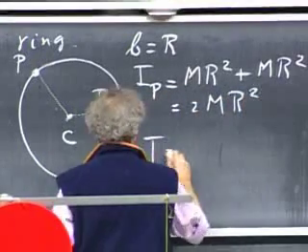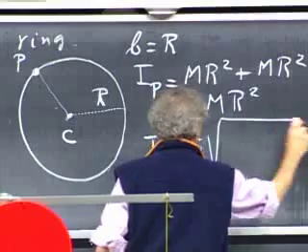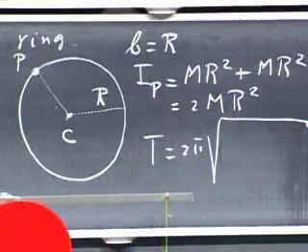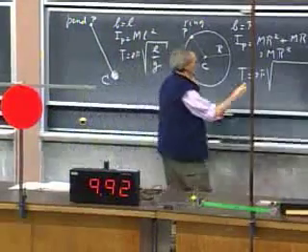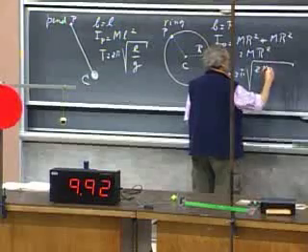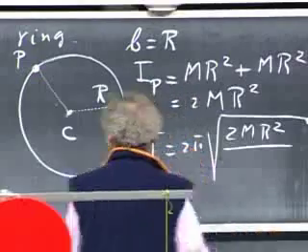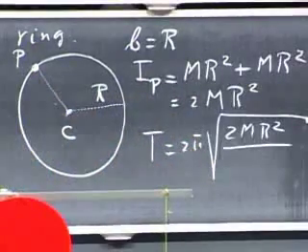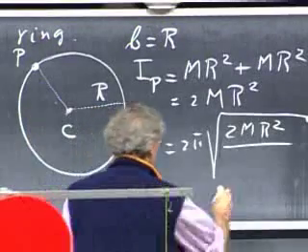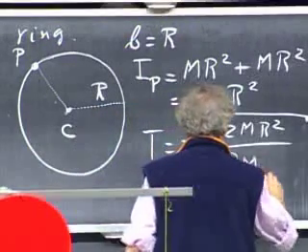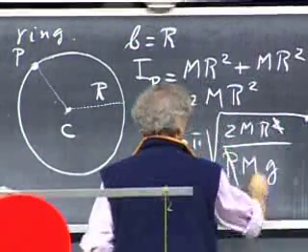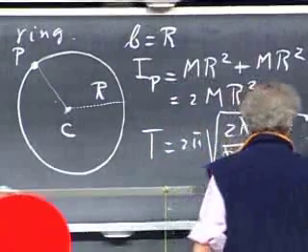So what is the period of an oscillation? I of P, that is 2mr squared, divided by bmg. B is r, rmg. I lose one r, I lose an m, and we have seen this before.